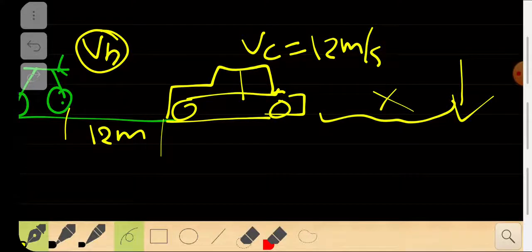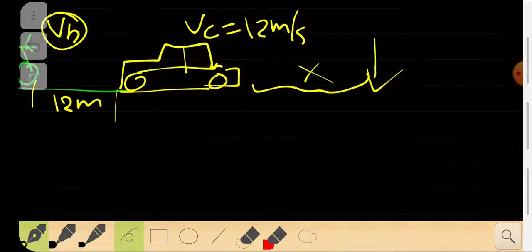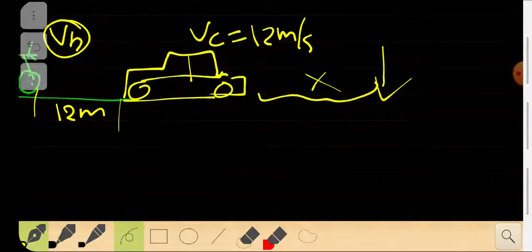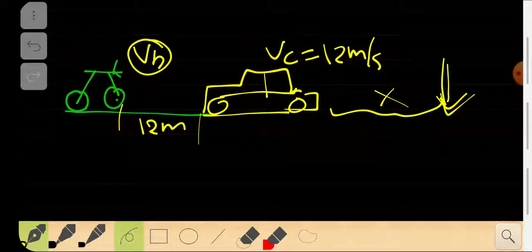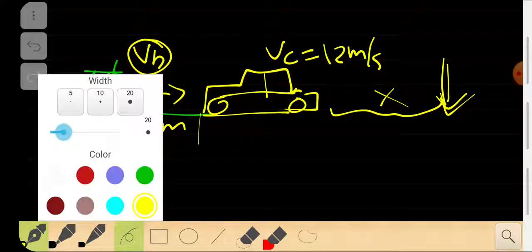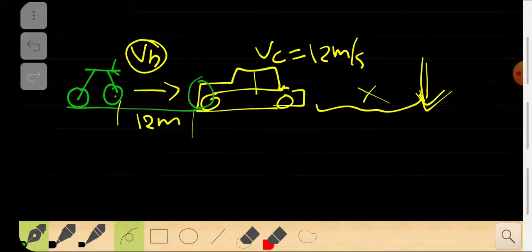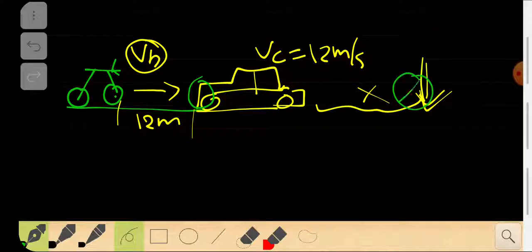When the car comes to a halt, the bicycle continues at the same speed and will collide with the back of the car at this point, and there will be an accident. That's the situation.